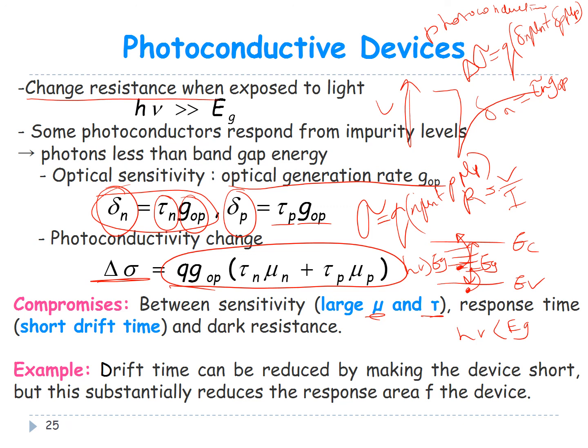To do that, you may need to use short channel TFTs, but this can result in very large off currents and other non-ideal behavior. So there's always a compromise between getting large sensitivity and the dark resistance and stability of the device.